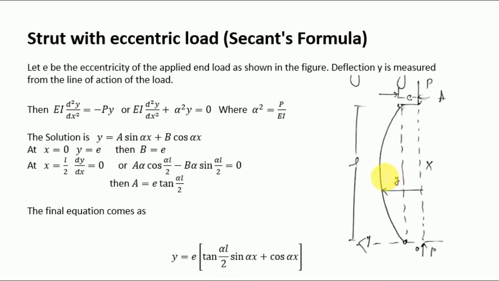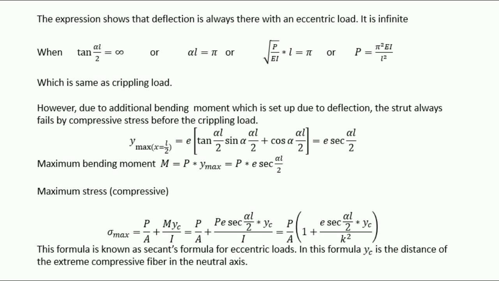Obviously where maximum deflection occurs, which is at L by 2. So we put L by 2 in this equation in place of x. Then y max is equal to e sec alpha L upon 2.